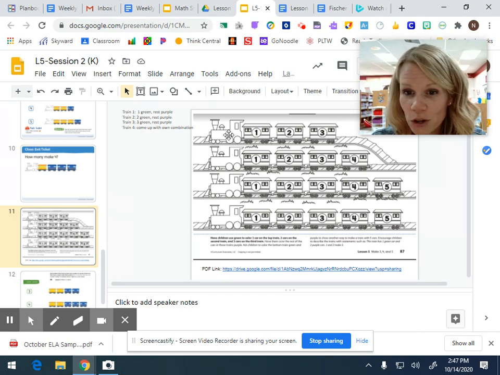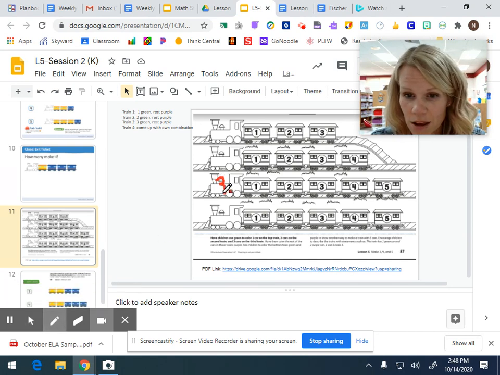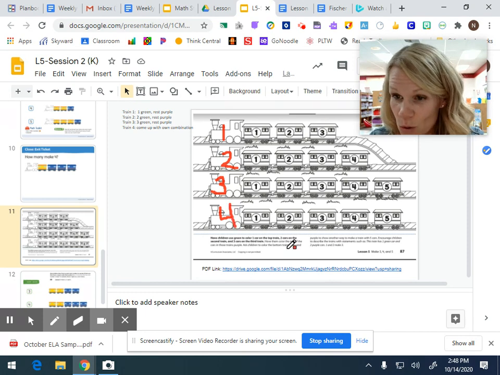For train 2, you're going to color 2 of them green and the rest purple. For train 3 right here, you're going to color 3 of them green and the rest purple. For the last train, you're going to come up with your own combination using green and purple. Okay, so this is train 1, this is train 2, 3, and then here is train 4. So you can go ahead and do that.